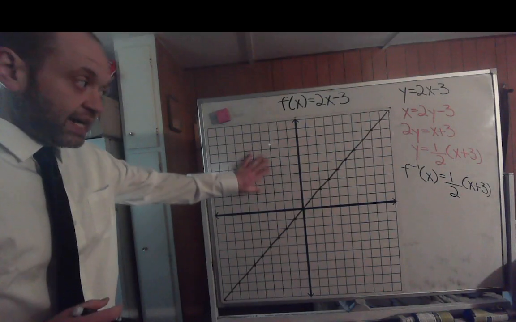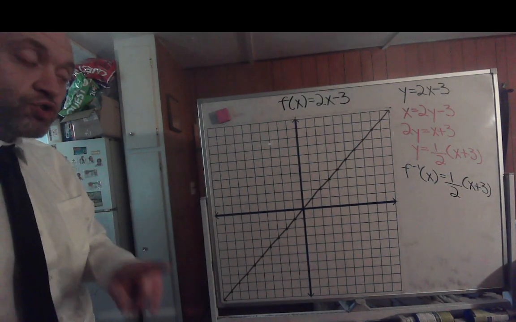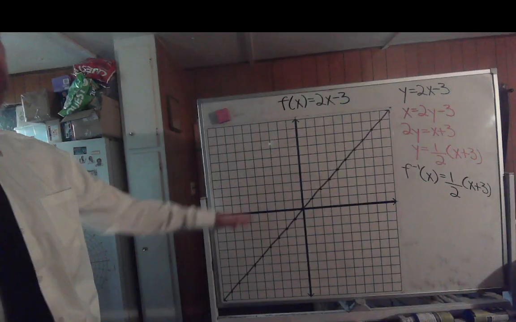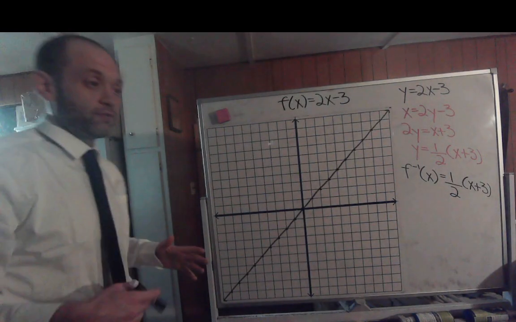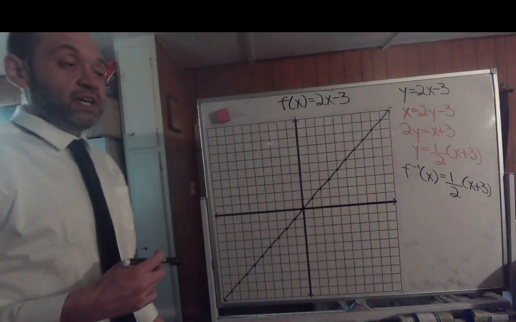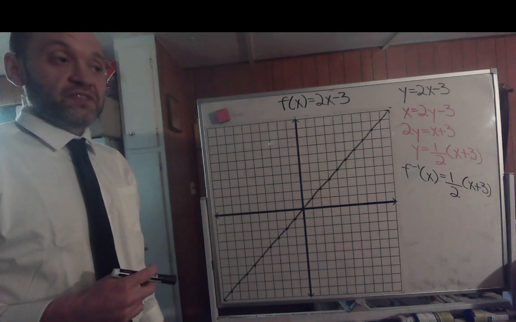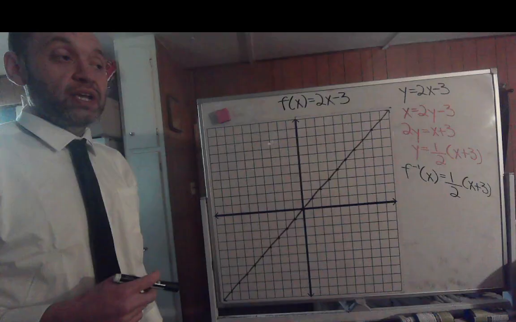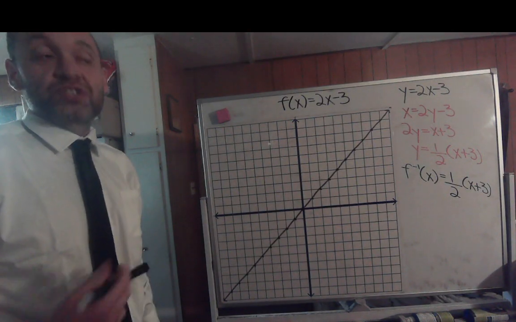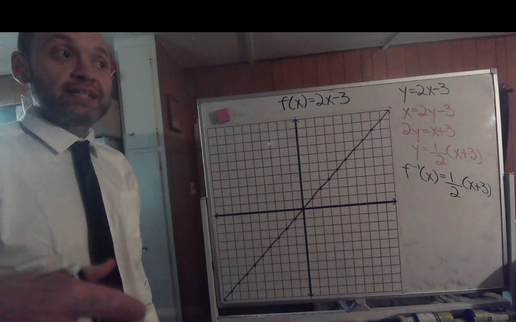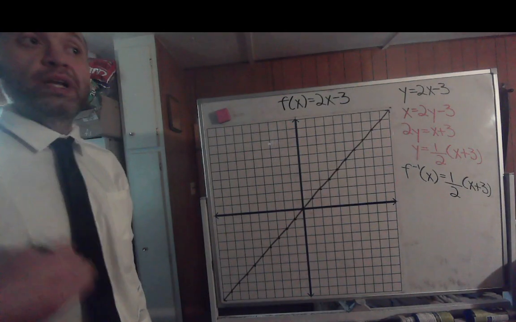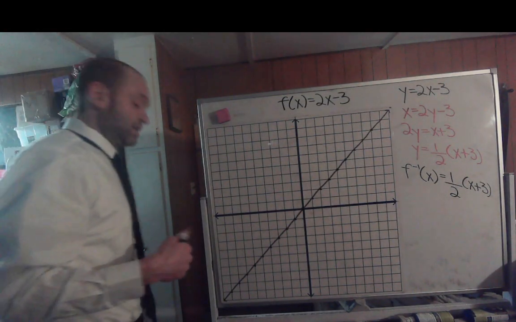So there's y equals x. f of x equals x. You're going to see why this is called the mother function. Because if you try to find the inverse of f of x equals x, you're going to get f inverse of x also equals x. That's why it's the mother function. It's its own inverse.